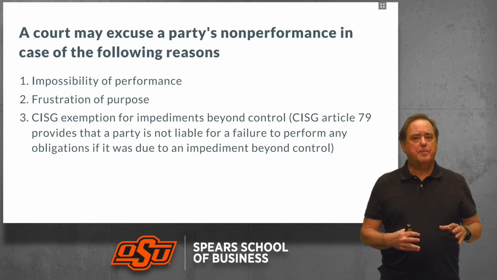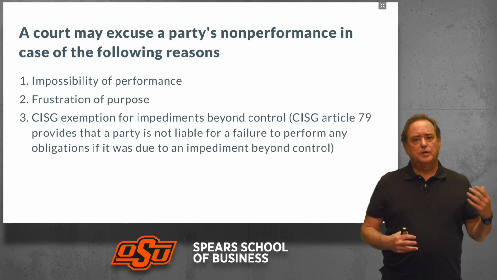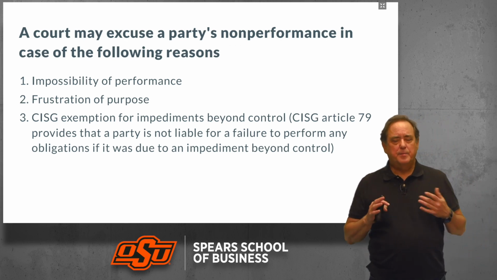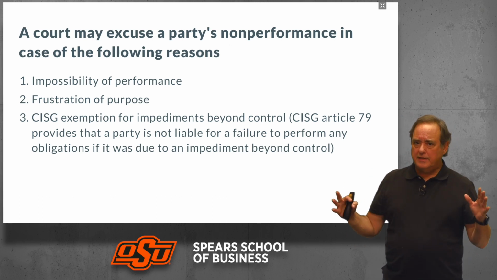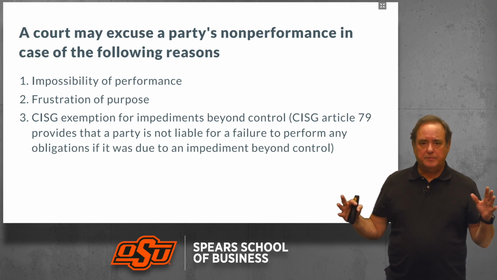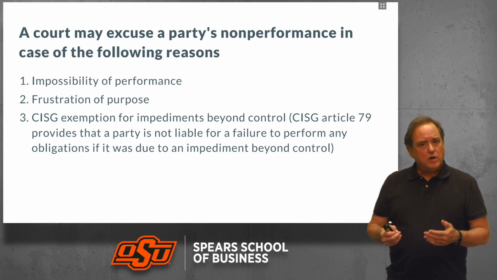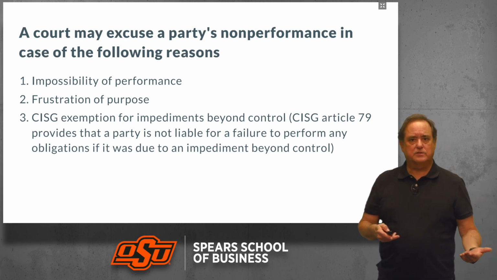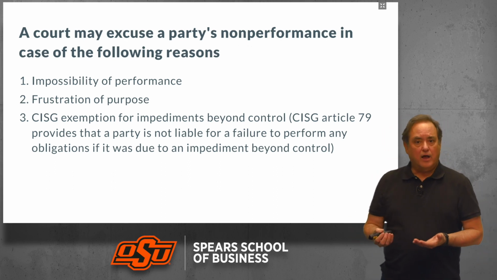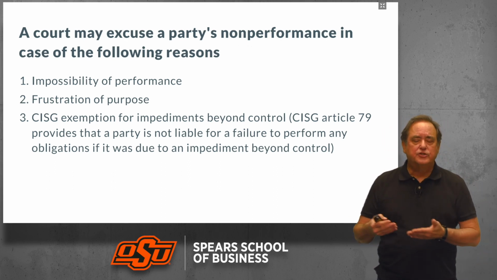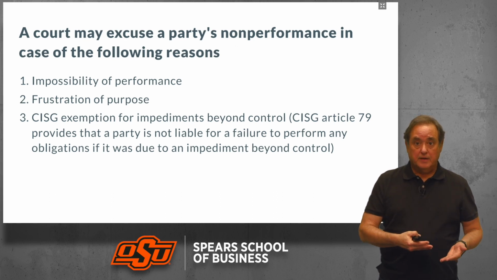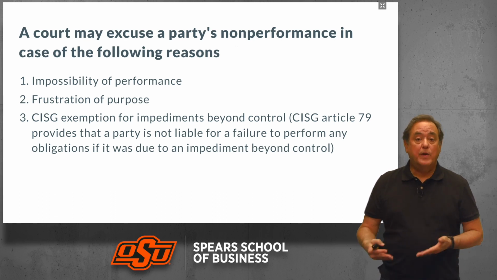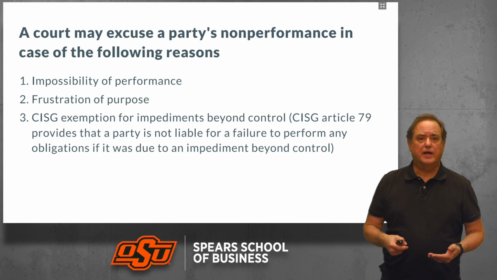If something happened that prevented performance. Now, impediment beyond control can be a broad area, right? Courts do not like to grant this defense because there's the argument that this should have been considered when entering into the contract.